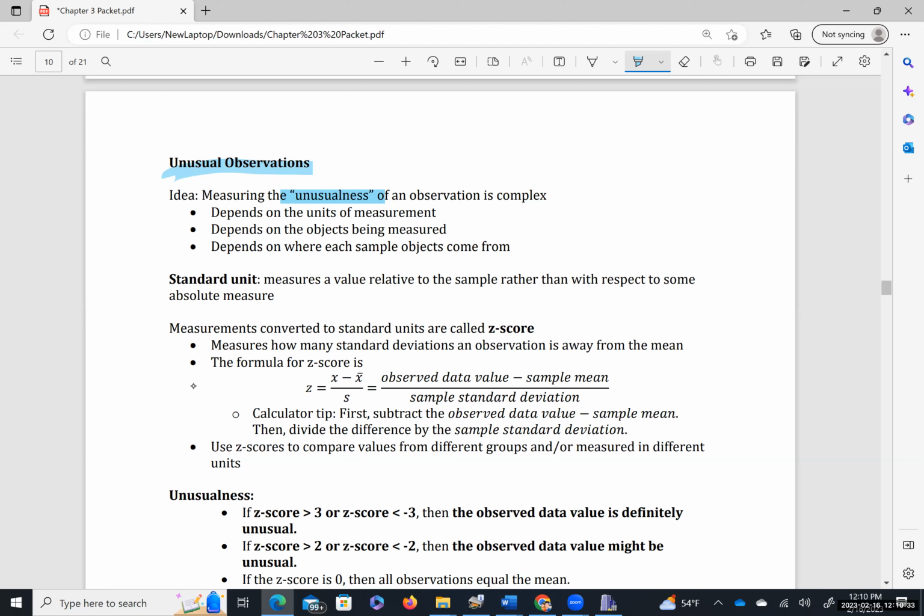So what is a standard unit? Measure a value relative to the sample rather than with respect to some absolute measure. Measurements converted to standard units are called z-scores, and they tell how many standard deviations an observation is away from the mean.